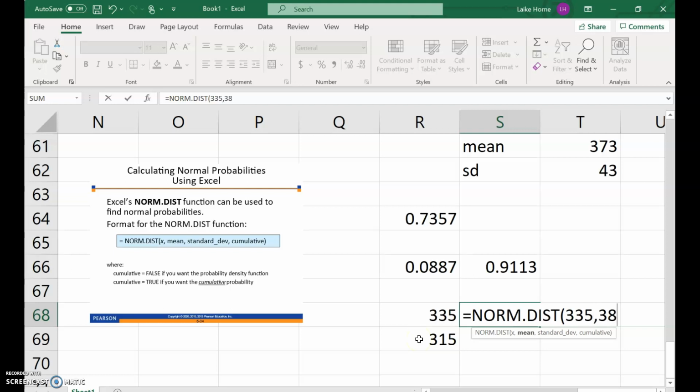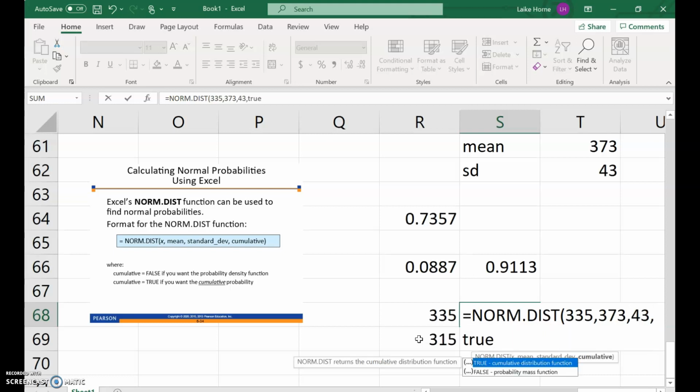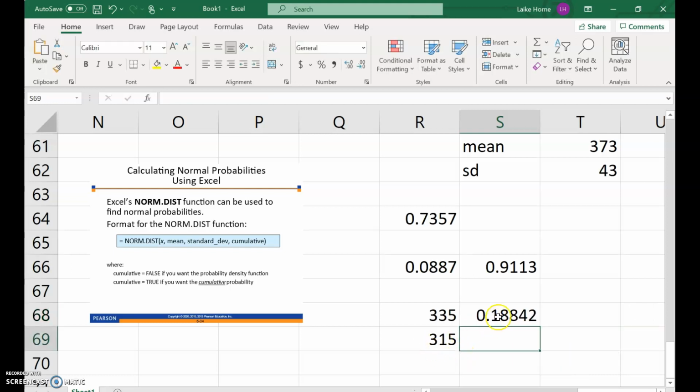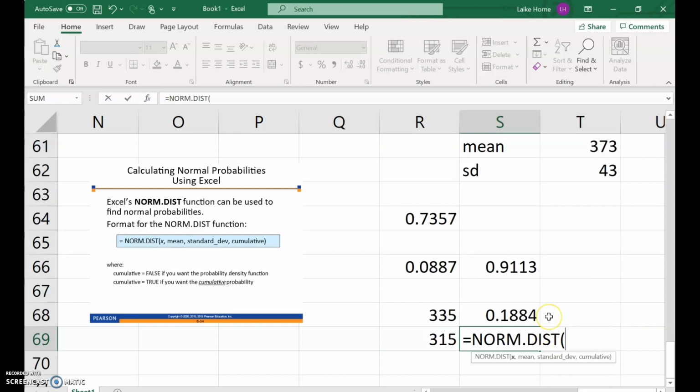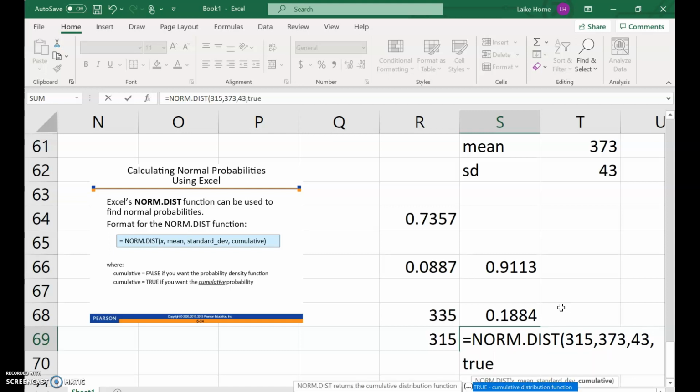The mean is 373. And the standard deviation is 43, and we want it to be true. I think they want us to round it to 4 decimal places. Let's do the same thing here. And x is 315. The mean is 373. The standard deviation is 43, and it's cumulative.